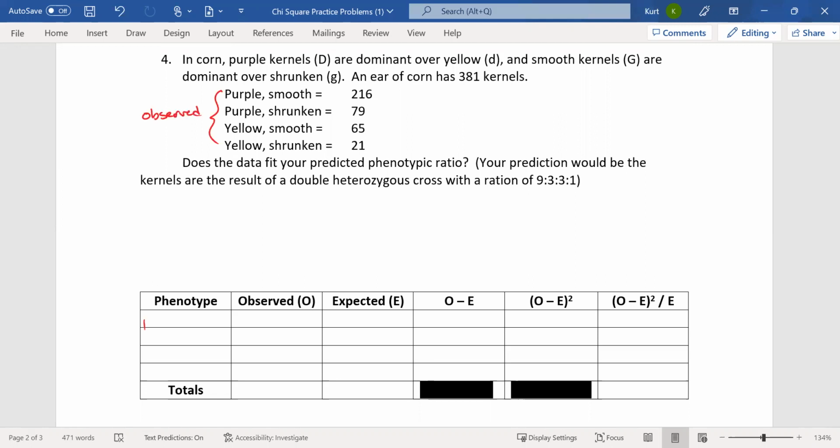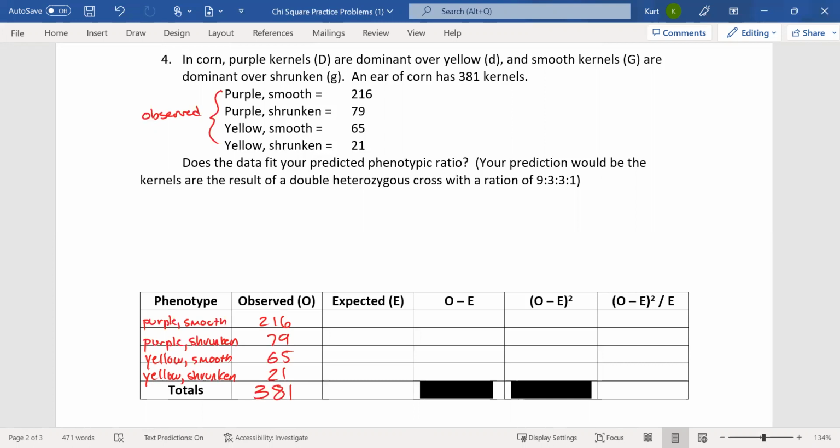So for phenotype, we have purple and smooth, purple and shrunken, yellow and smooth, and yellow and shrunken. The observed is 216, 79, 65, and 21. That total it provided you was 381.